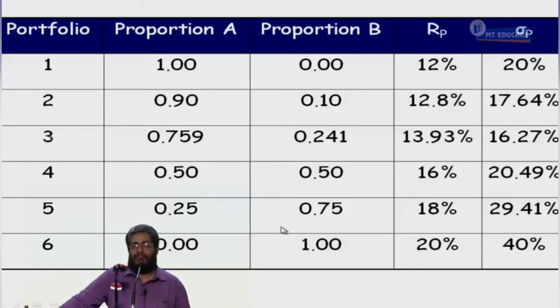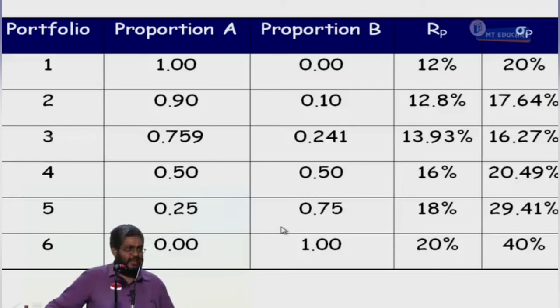Injecting means introducing. You can understand the reason why the return increases. B is high return, so the return increases.